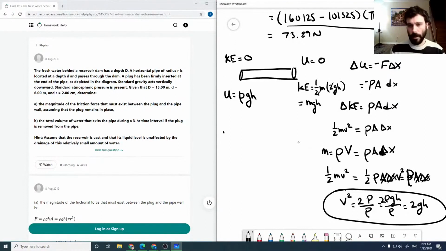So we can solve for the velocity that everything's traveling at as square root of 2gh, which is equal to the square root of 2 times 9.8 meters per second squared, times our height, or h is the depth, so 6.0 meters, which is 10.84 meters per second.